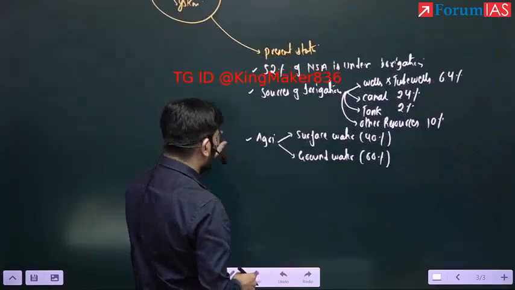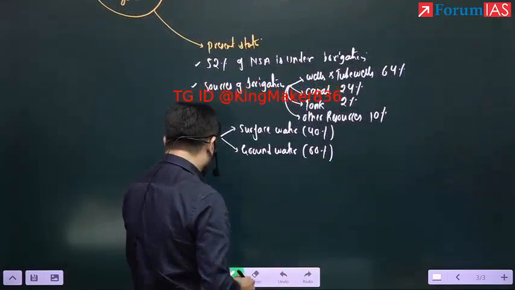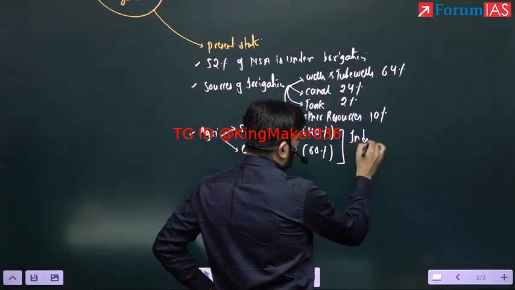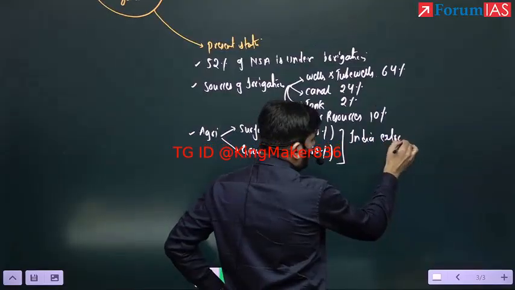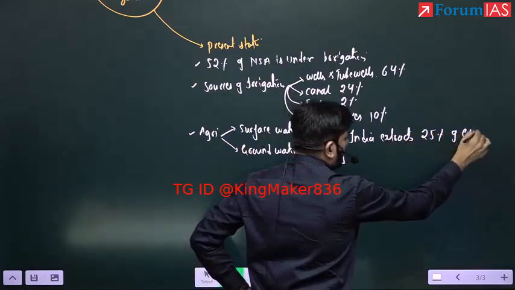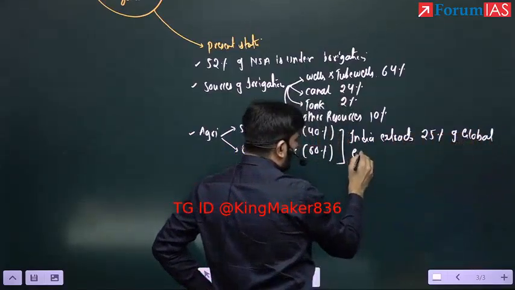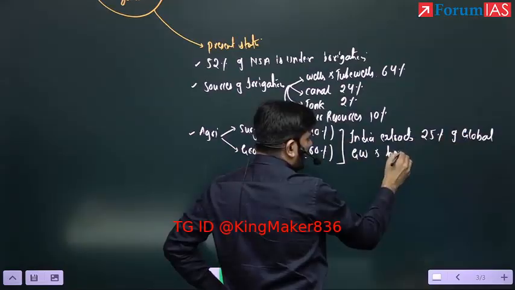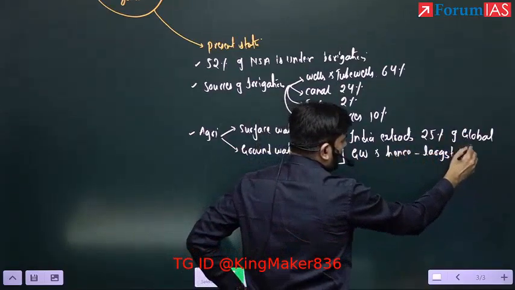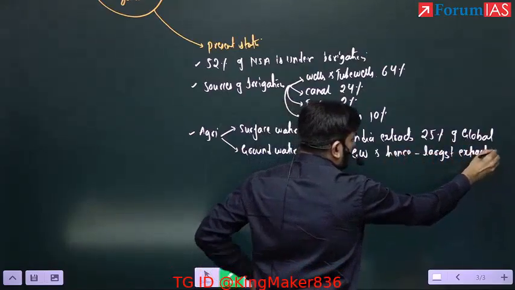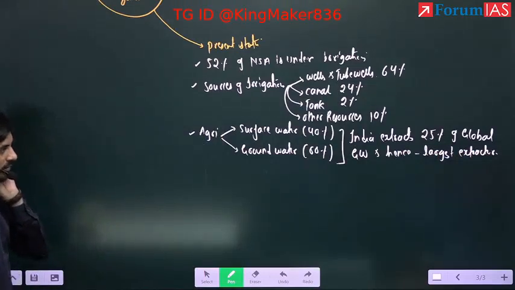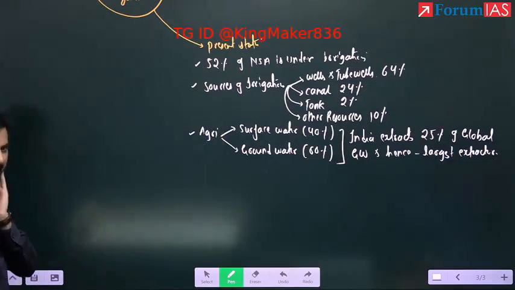With respect to groundwater, you should also know that India extracts 25% of the global groundwater, and hence it is the largest extractor of groundwater. Almost 25% of the global groundwater is extracted in India.